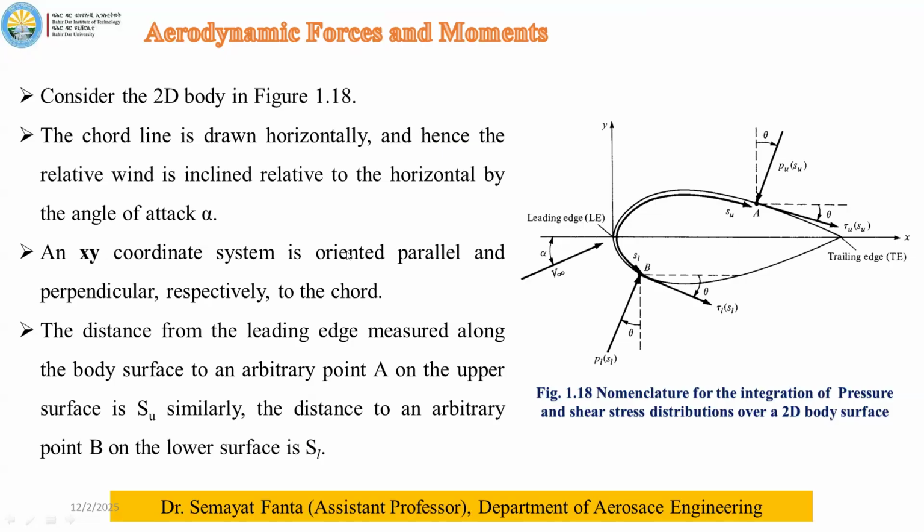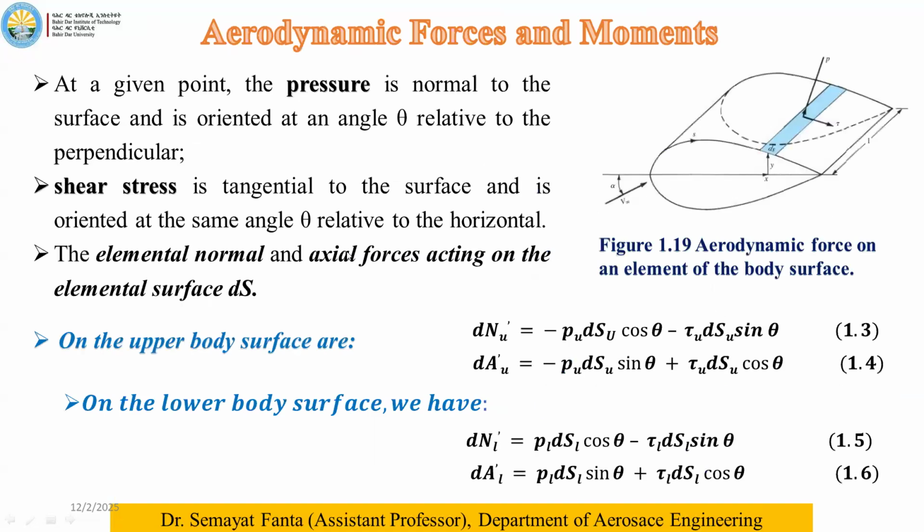Okay, so these are some of the nomenclature here. Using this representation, how can we find the total force, moment, shear force, and drag? For that, let's calculate each of them. The elemental normal and axial forces acting on the element surface ds in the upper surface are, for the top surface, minus P_U.